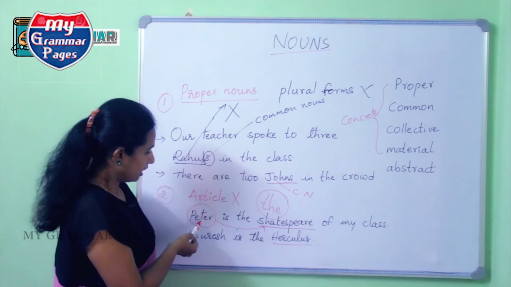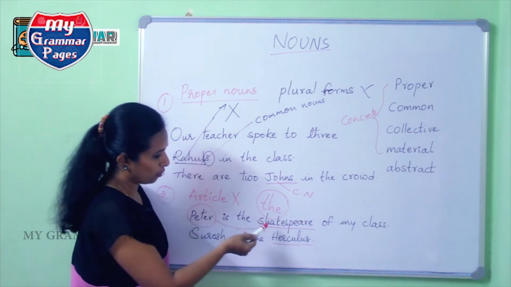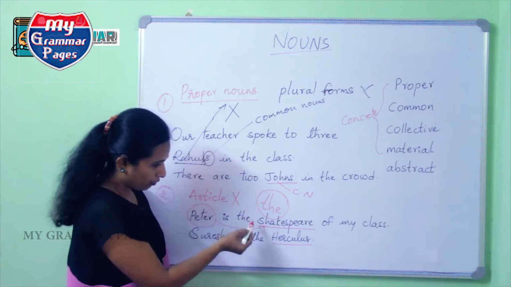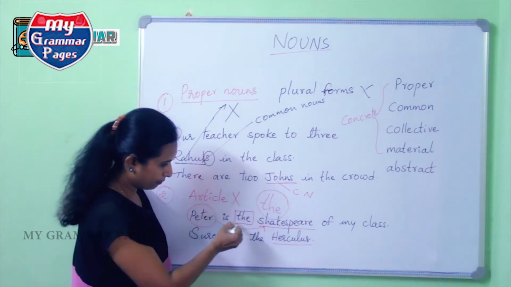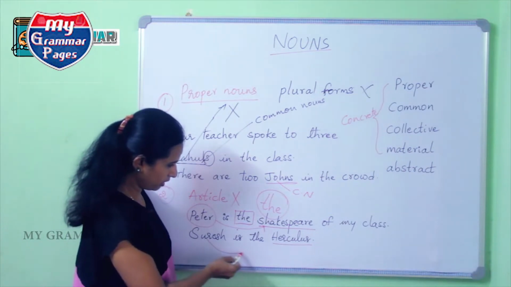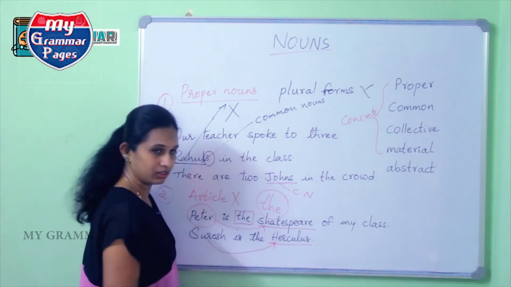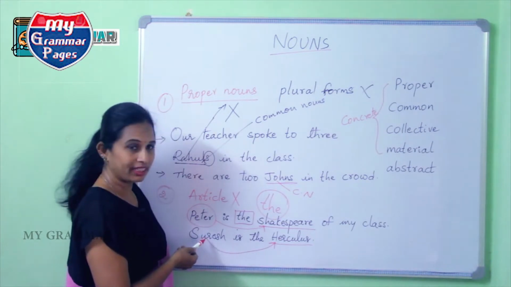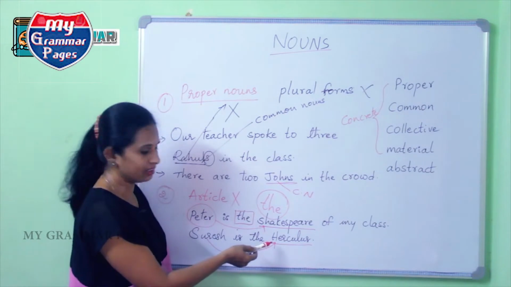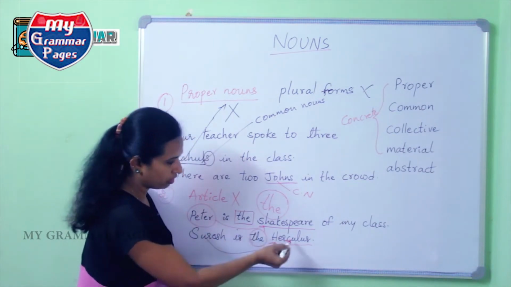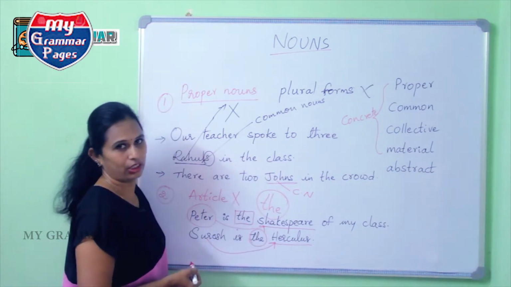So here, as we are comparing one person to another person with his or her quality, we can use the article the. And in this one, Suresh is compared to the quality of Hercules. Hercules was the strongest person. So Suresh's strength is as equal as Hercules. That's why we have used an article before the proper noun, Hercules.